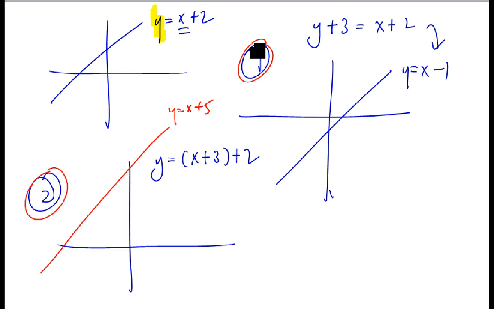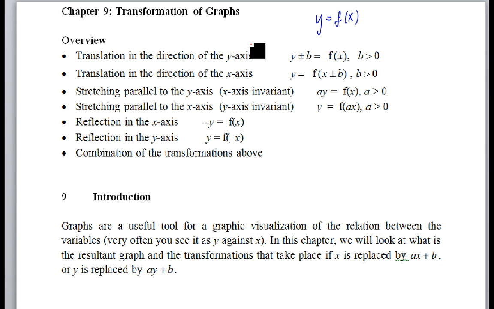Okay, so far like that first. Let's deal with these two types first. So what we're going to talk about is the first two. And then subsequently we're going to talk about scaling. That means replace y with 2y, replace x with 2x, sorry. Then later on we'll learn about reflection and all. And then we'll learn combination.